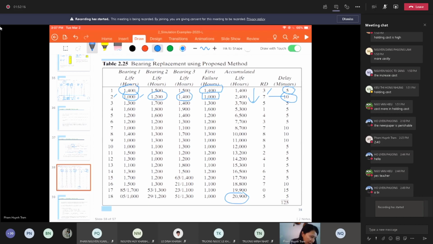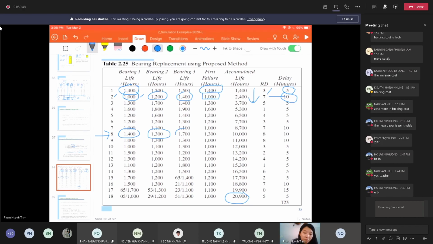It seems that in this simulation bearing 1 always failed first. Let's look at case 8. Bearing 1 is 1,400 hours. Bearing 2 life 1,300 hours. Bearing 3 life 1,700 hours.